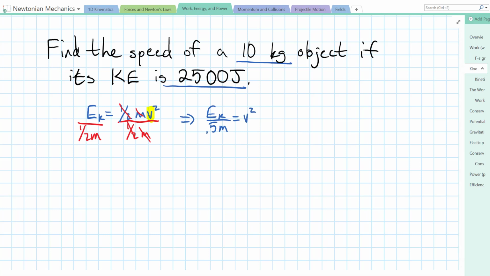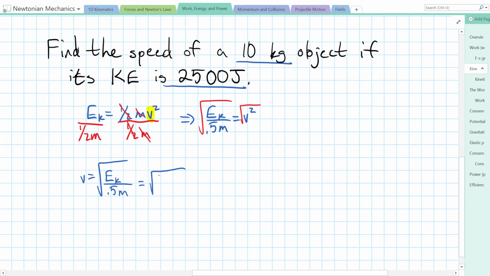To solve for v, I just need to take the square root of both sides. And the square cancels the square root. We're left with v is equal to the square root of kinetic energy over 0.5 m. And another way of writing that is square root of 2 times the kinetic energy over the mass.